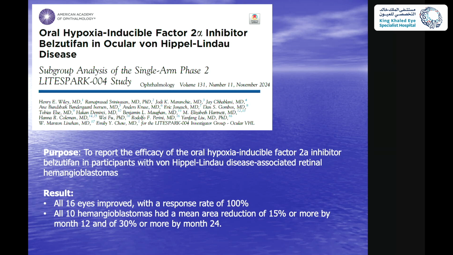All of the 10 hemangioblastomas had a mean reduction of 15% or more by month 12, and then about 30%, a progressive reduction, by month 24, at 2 years. So it was quite promising.